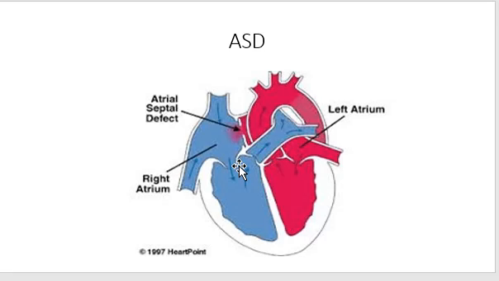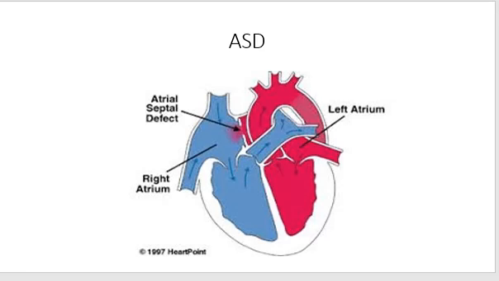But you can have non-surgical treatment, where you have a closure with a device during cardiac catheterization, going in through the femoral artery. That's probably becoming more commonplace, and it can be done outpatient. So very low mortality rate.